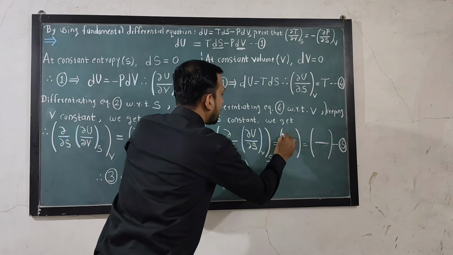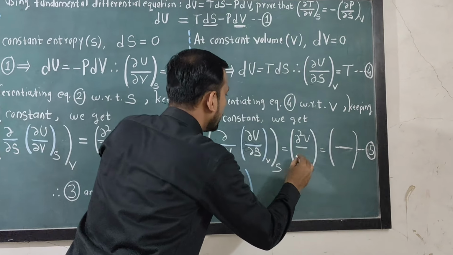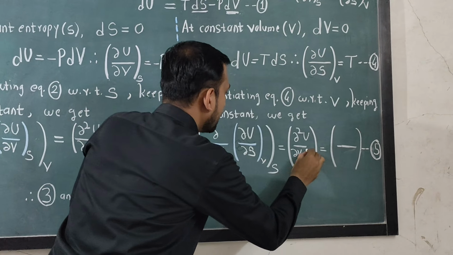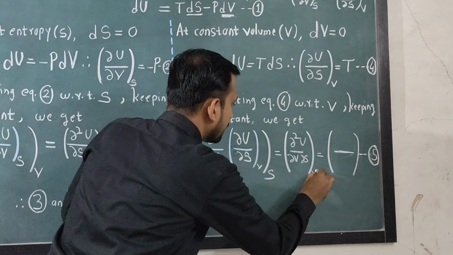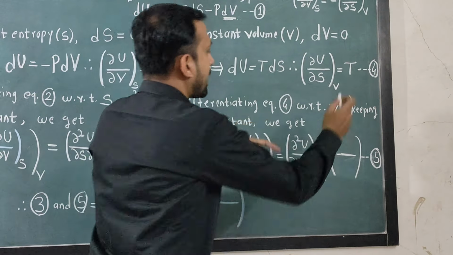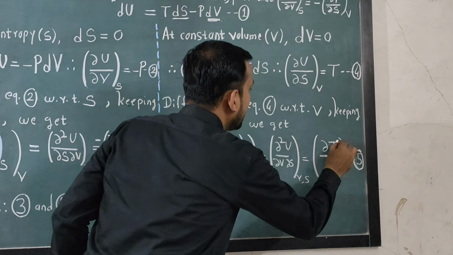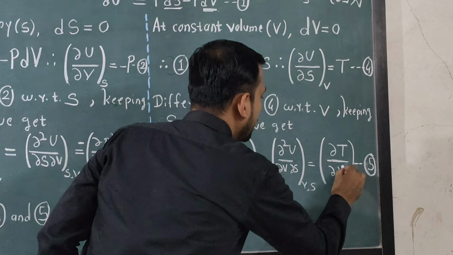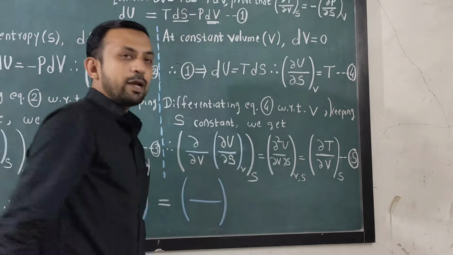That is, partial squared U over partial V partial S, volume and entropy constant, and the right hand side becomes partial T by partial V at constant entropy.